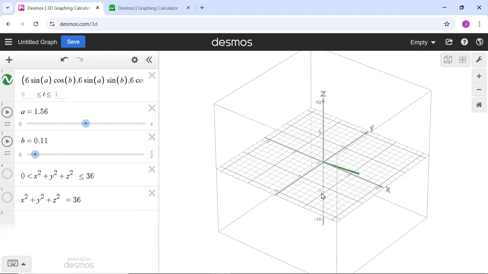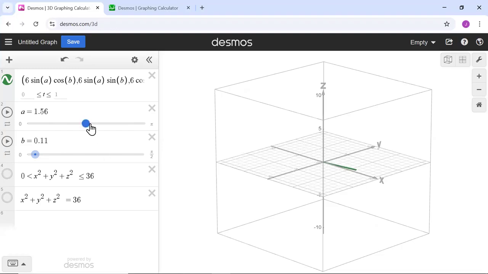If I went 2 pi, I'd go around in the reverse direction and I would trace it from the negative z to the positive z, and that would throw everything off. That would give me some negative integration, and I don't want that.